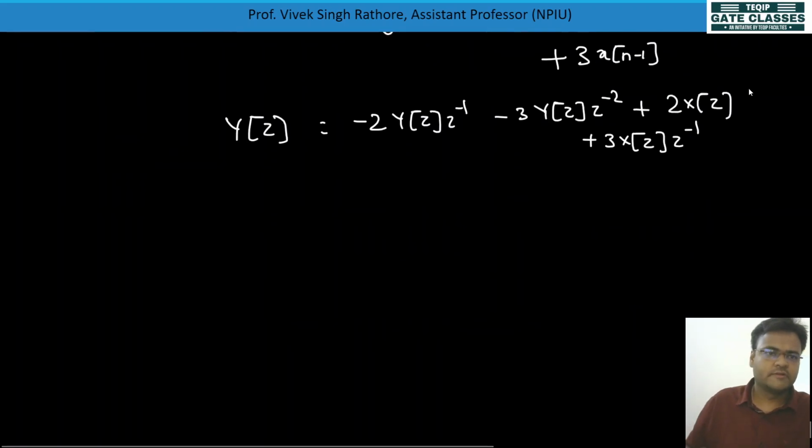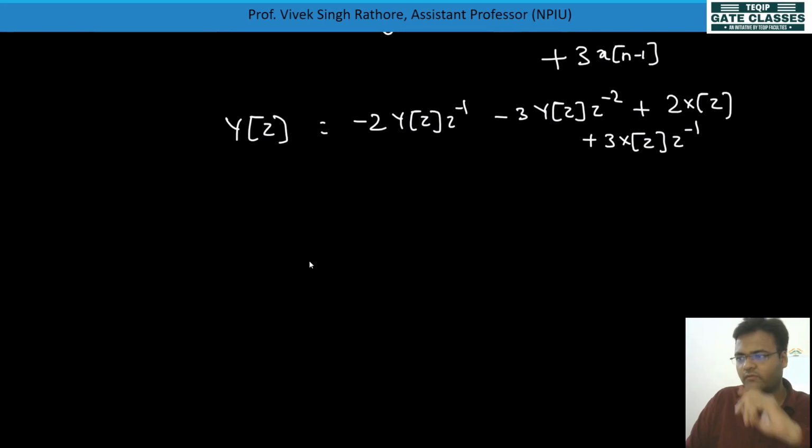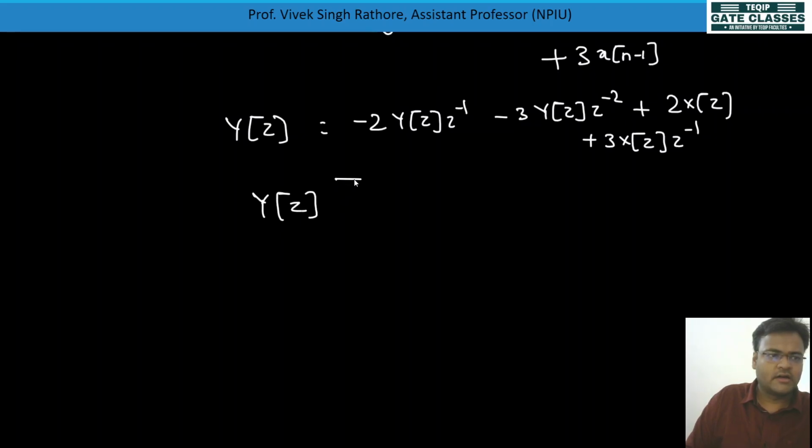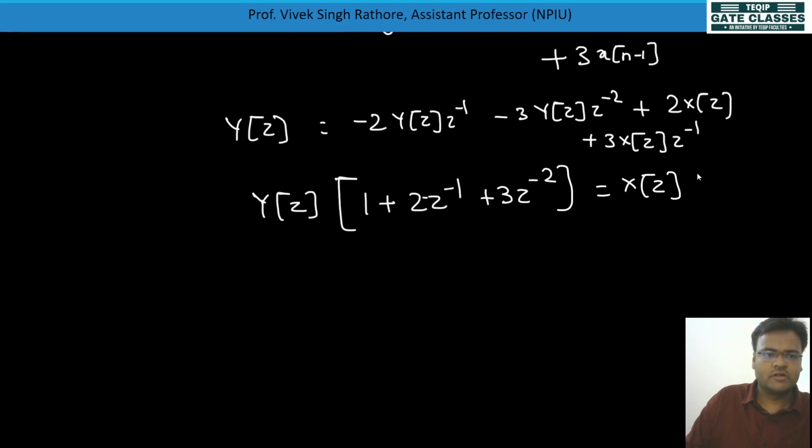Now Y of z can be taken common. Here 1 plus this will go to the left hand side, 2 z inverse plus 3 z to the power minus 2. Here X of z can be taken common, 2 plus 3 z inverse.